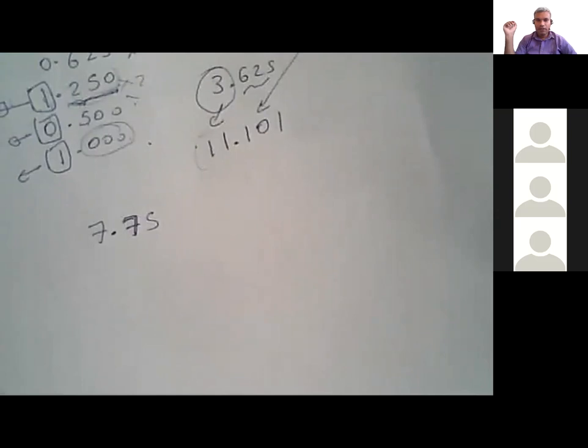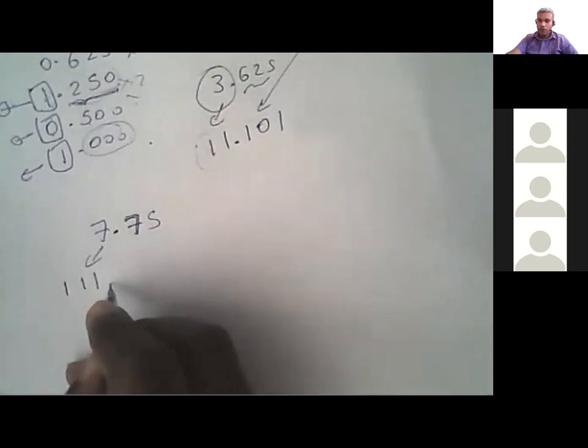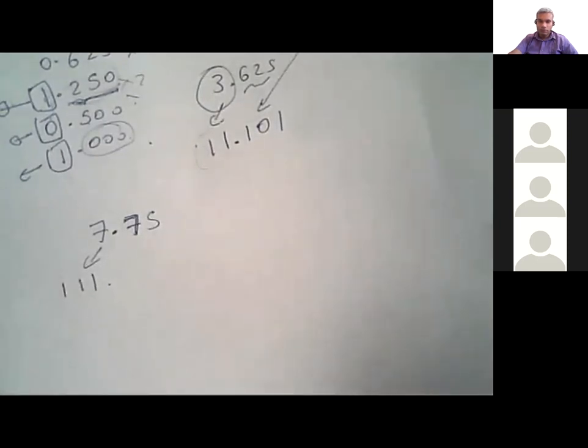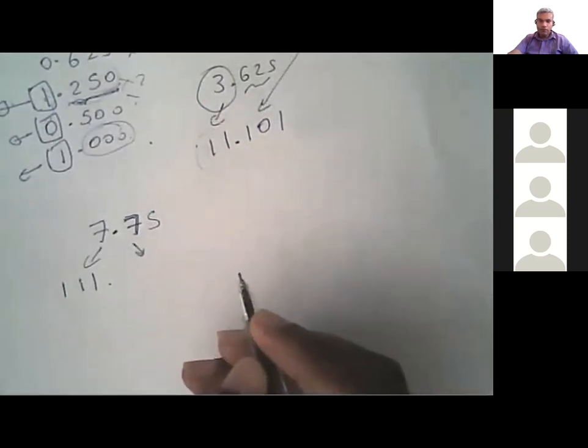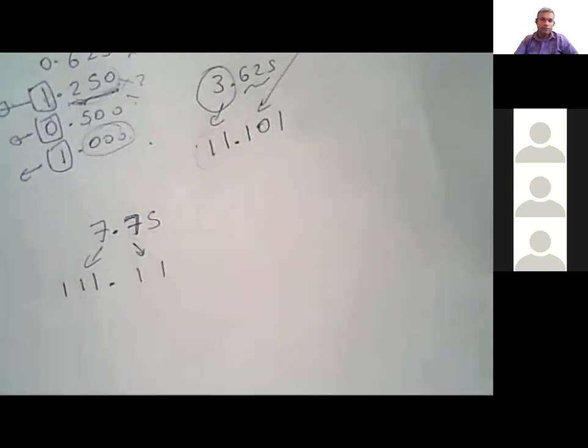Okay, I think people have got the hang of it. 7 is converted as 111. 0.75 you should get again 11. If you have got that, then you have got the correct answer.